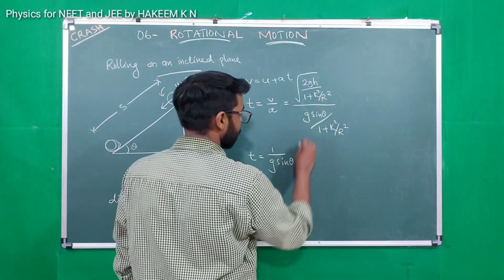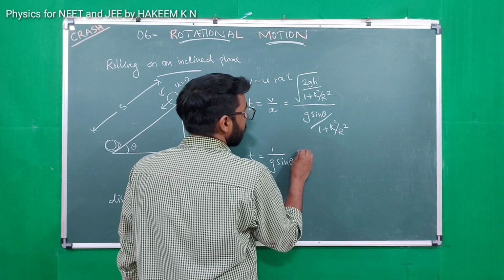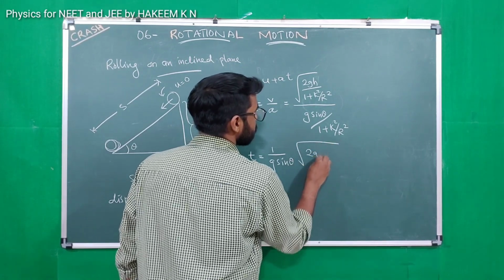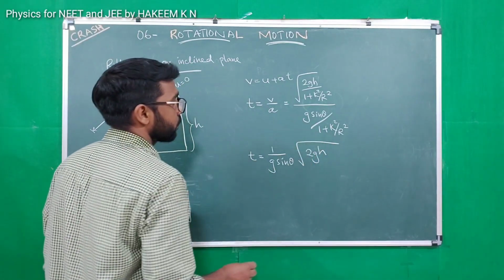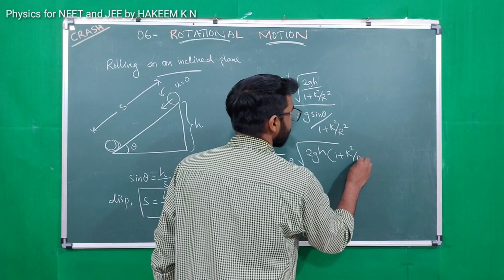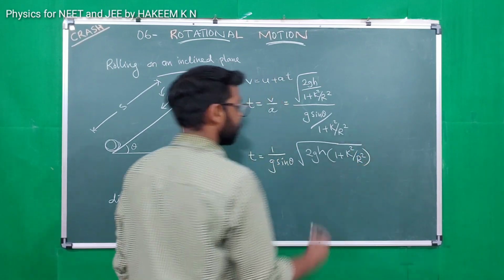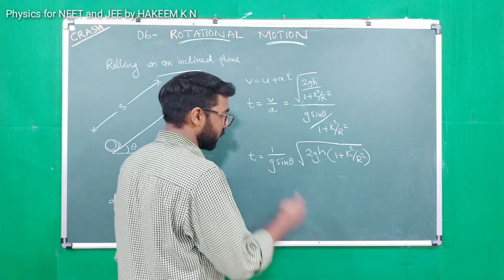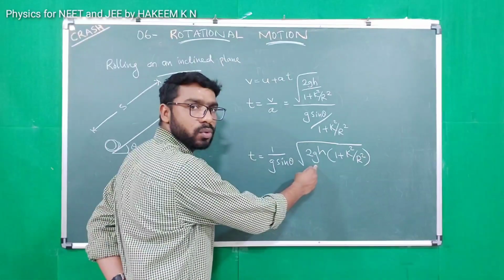So we will get root of 2gh into 1 plus k square by r square. Now we can take this g to the square root. So we will get g square inside the root.